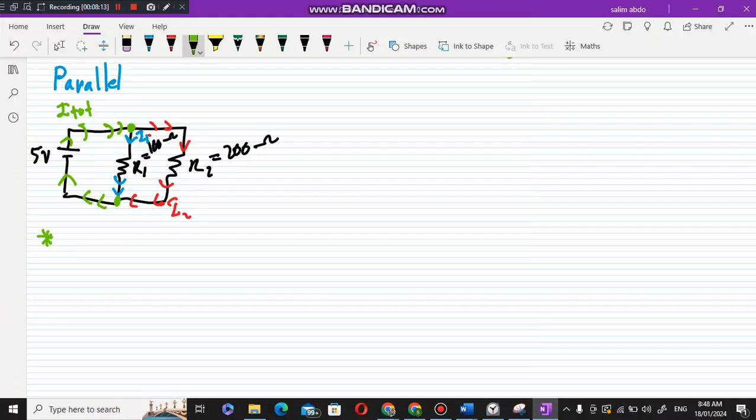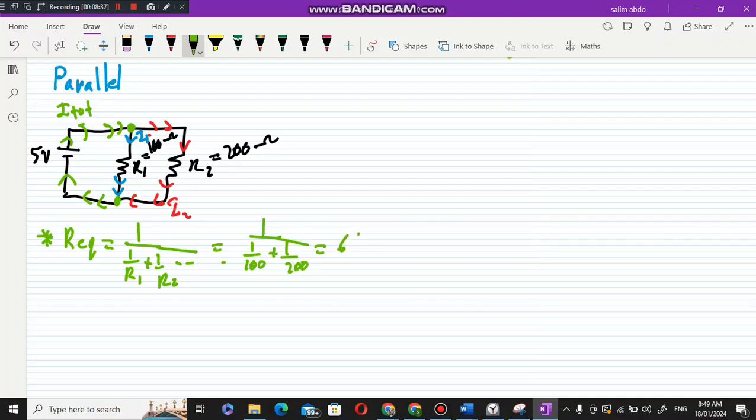Okay, so in parallel, to find R equivalent, we do the following. It is equal to 1 over R1 plus 1 over R2 plus 1 over R3 and so on, which is equal to 1 over 100 plus 1 over 200, which would be equal to 66.66 ohms. Then again you can find the total current using the following.